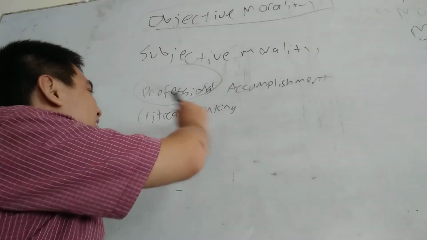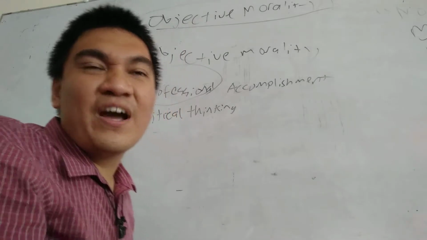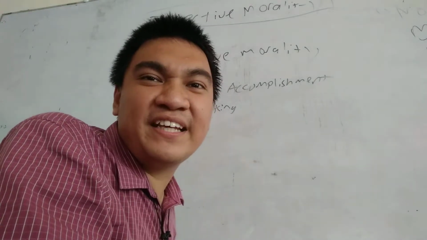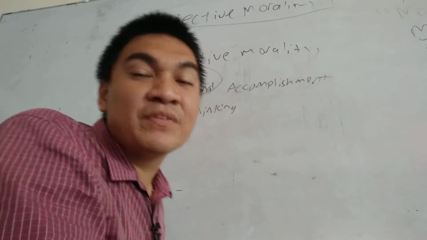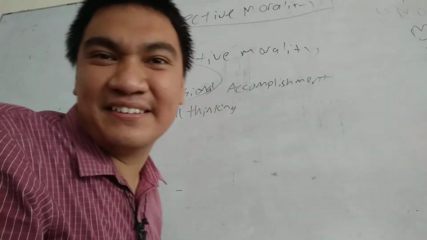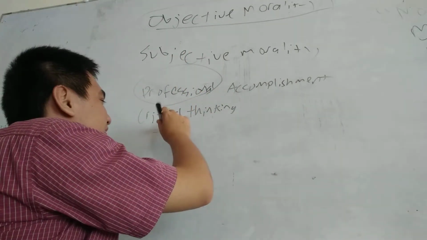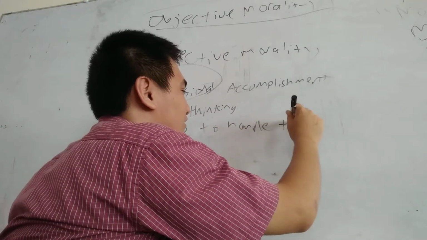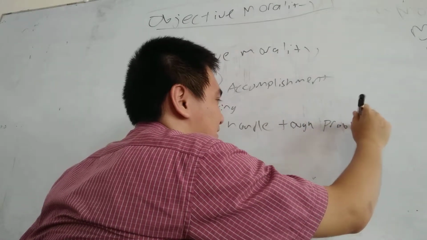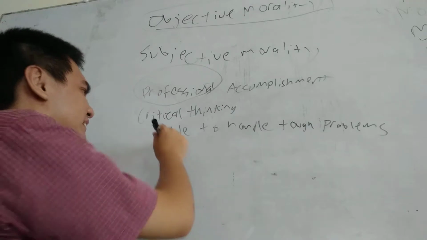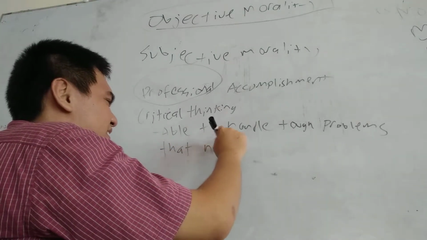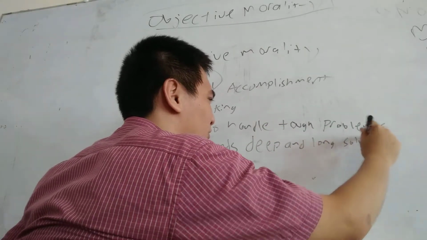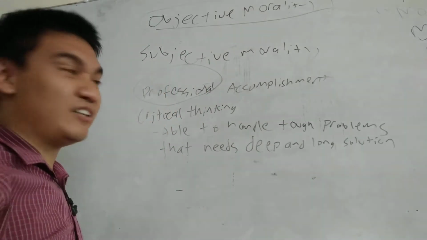So more likely, I'm going to display critical thinking and how you developed it. Now, for example, since the sample gives more detail of the skill and how it relates to the job application, meaning, how do you utilize this? For example, critical thinking: able to handle tough problems, tough problems that need deep and long solutions.